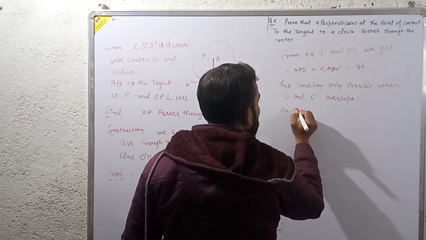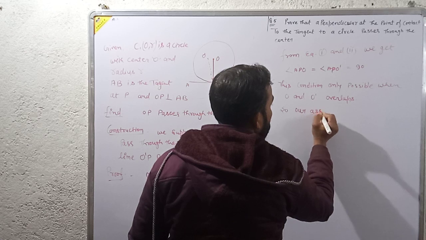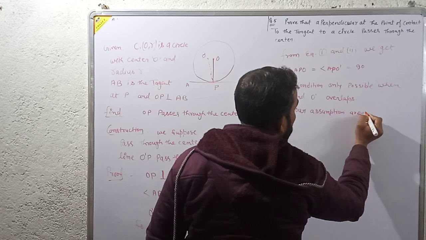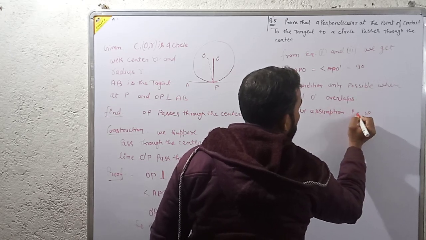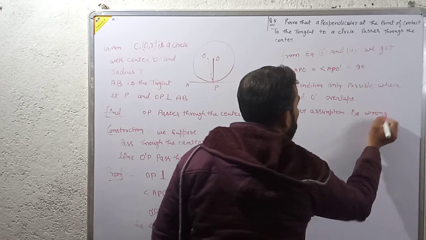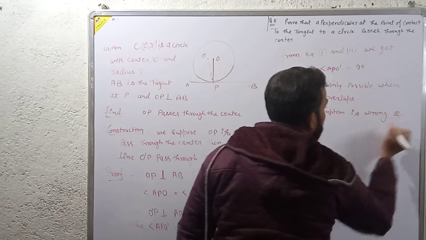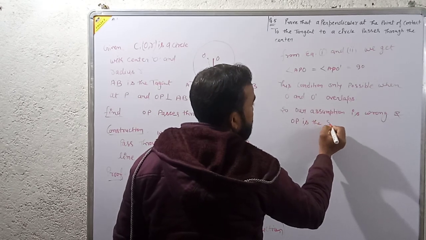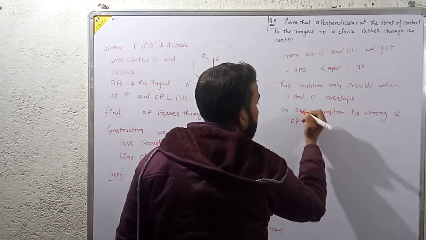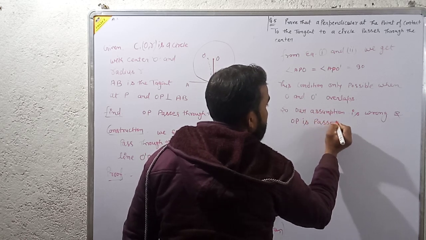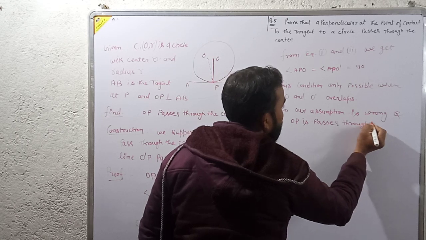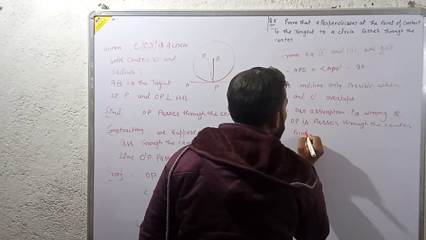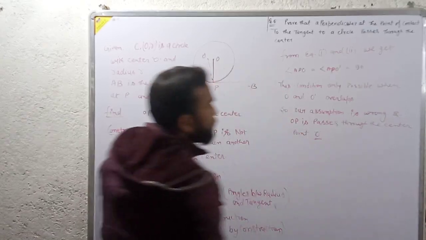So our assumption is wrong, and OP passes through the center point O. Clear?